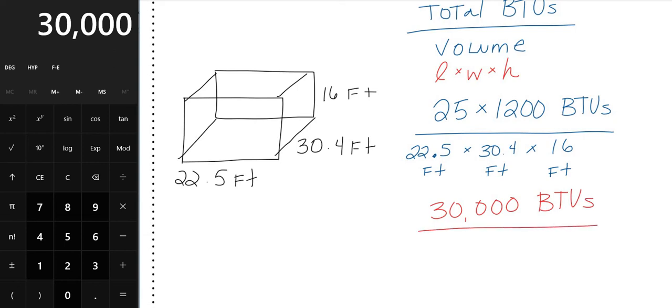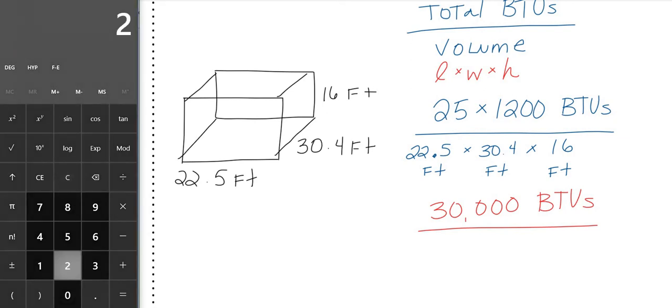Now we forgot the volume, our cubic feet. So back to the calculator. 22.5 times 30.4 times 16 equals 10,944 cubic feet of space are in Mr. Brown's classroom.